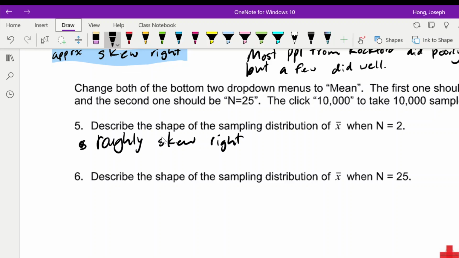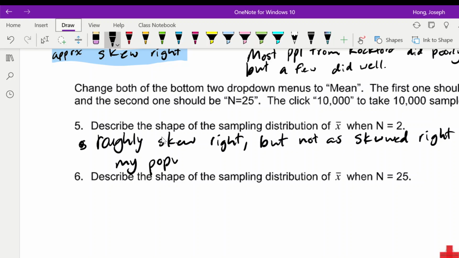But it's definitely getting towards that normal shape because of my sample distribution. So roughly skew right, but not as skewed right as my population distribution.